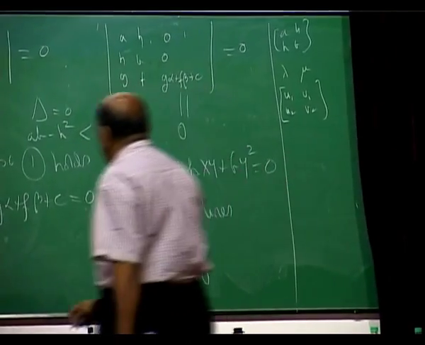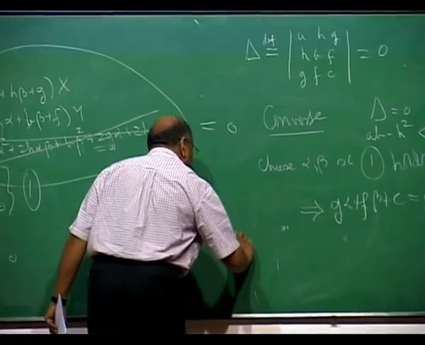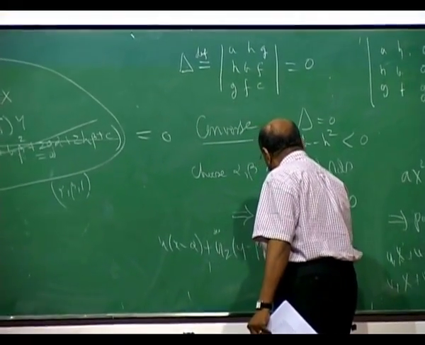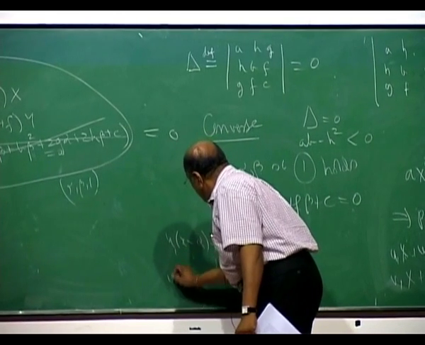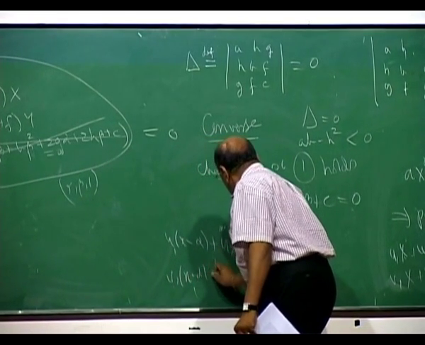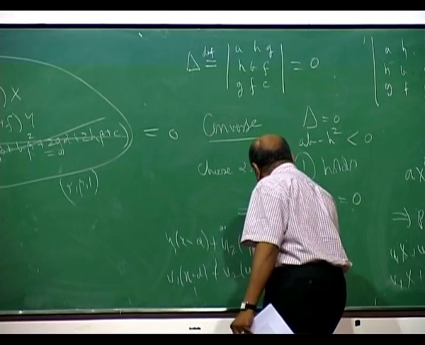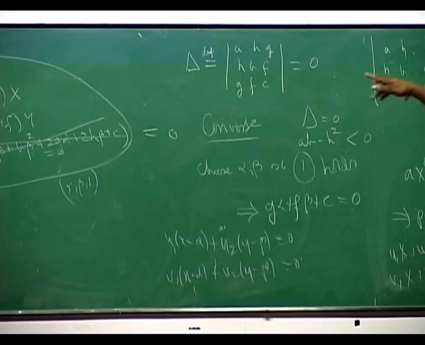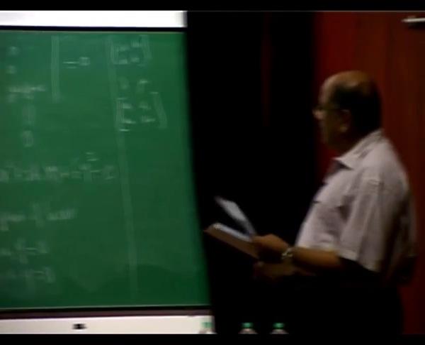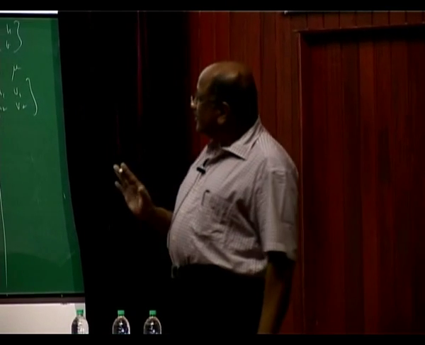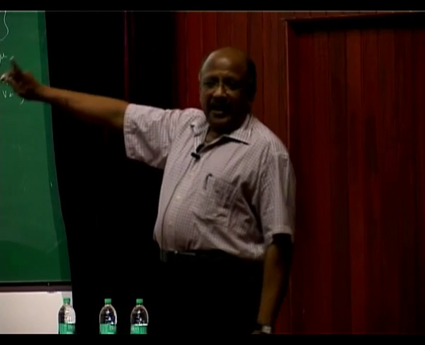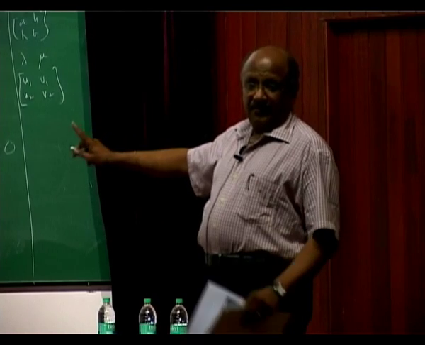So you have u1 into (x minus alpha) plus u2 into (y minus beta) equal to 0, v1 into (x minus alpha) plus v2 into (y minus beta) equal to 0. So these are the equations of the two lines represented by that. So this is a necessary and sufficient condition for this to represent a pair of intersecting straight lines, that delta should be 0 and ab minus h square must be negative.